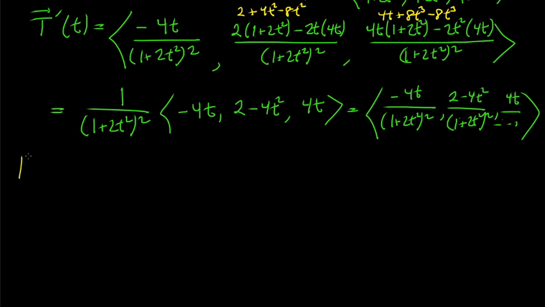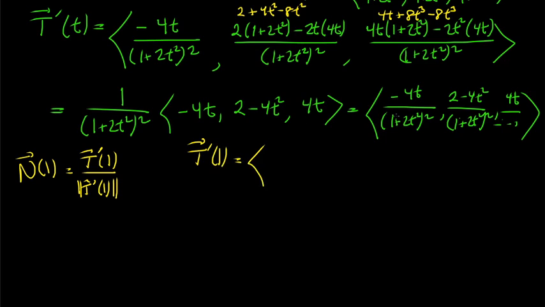Okay, so what's the magnitude of this vector? Okay, so rather than do that, because remember, we only care about this when t is 1. Sorry, when time is 1. Oops, T prime. So let's just plug in 1 here to T prime.